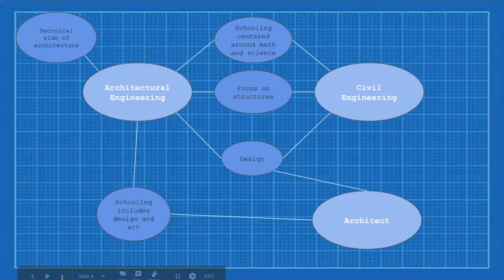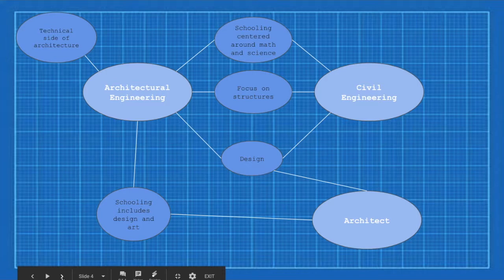Now we're going to talk about the differences and similarities between architectural engineering, civil engineering, and architects. So to start with, they all have to do with design, and then architectural engineering and civil engineering both focus on the structures, and their schooling is centered around math and science, whereas in architectural engineering and architect students, school also has to do with design and art.